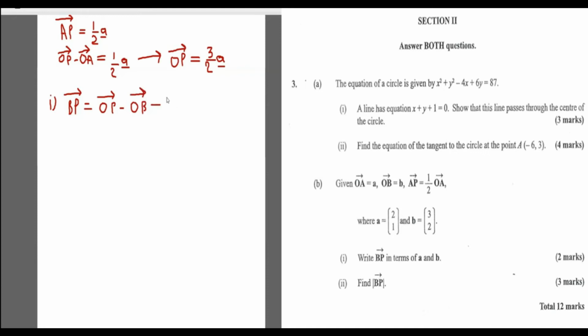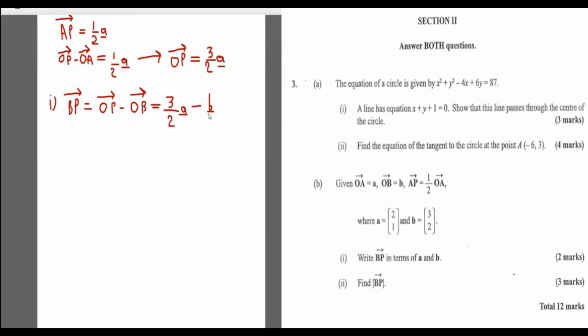So we can write that BP is 3 over 2A minus OB, and OB is just B. All right, so 3 over 2A minus B.